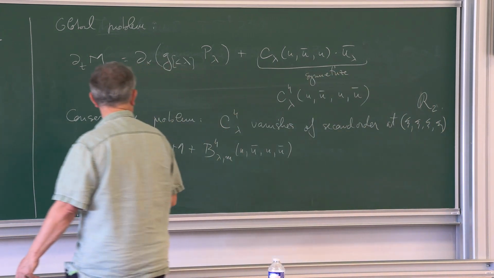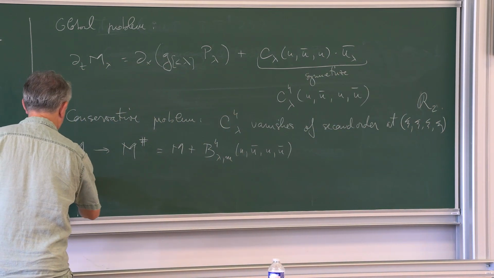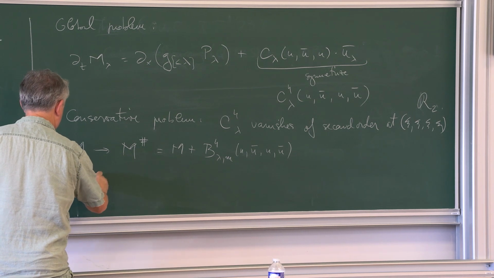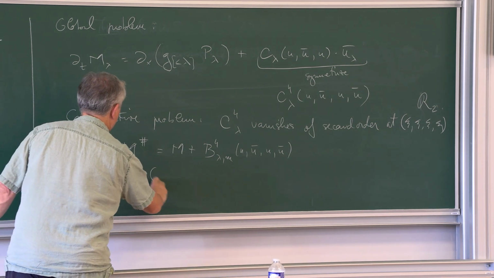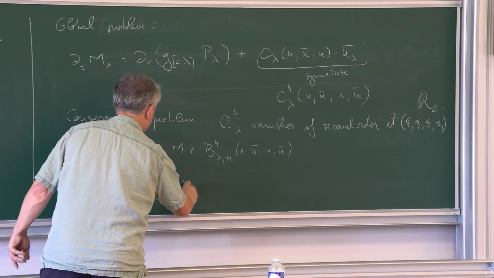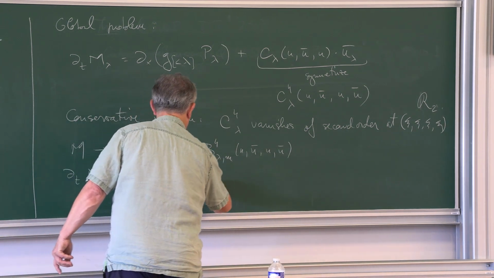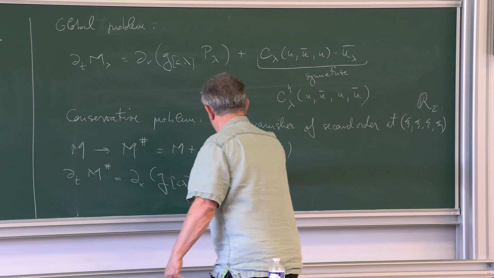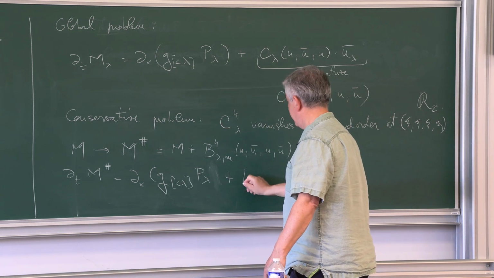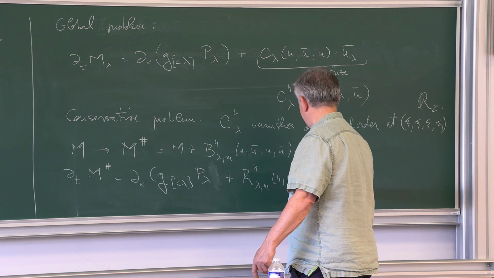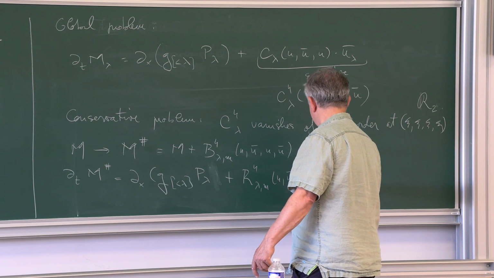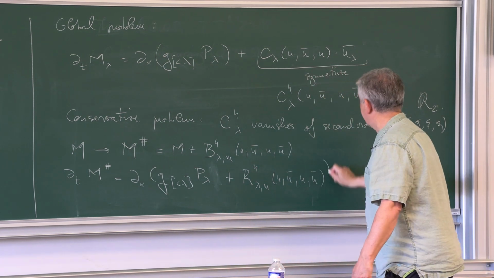Then I would hope for a relation of the form dt of m sharp is dx of g less than lambda, p lambda, plus some R4 lambda m of u bar, u bar.